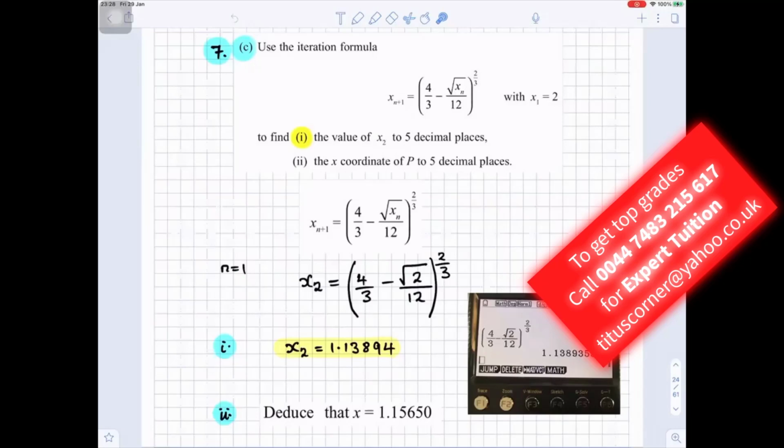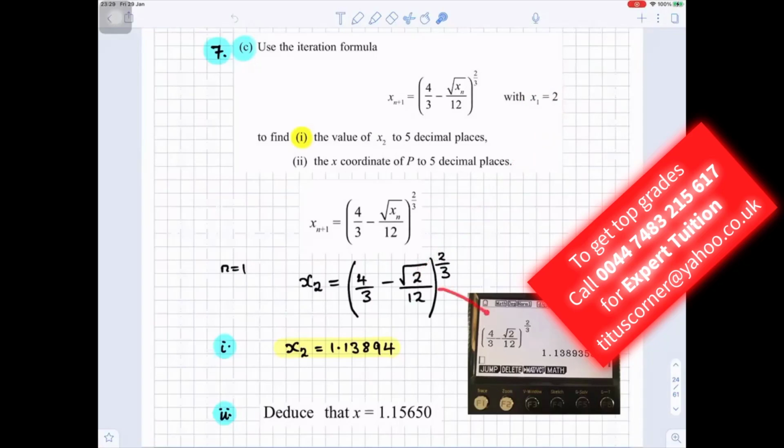So x2 would be 4 over 3, stays the same. Square root of n, since n is 1, we want to put x1 there, and x1 is 2. So we put square root of 2 divided by 12 to the power 2 over 3.